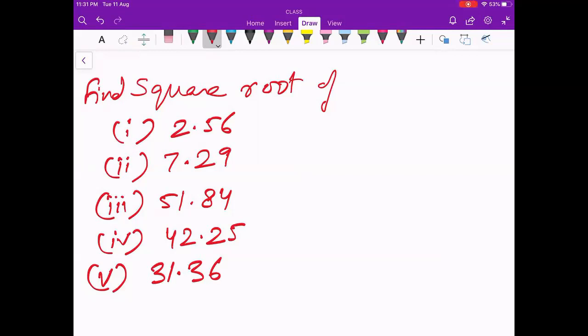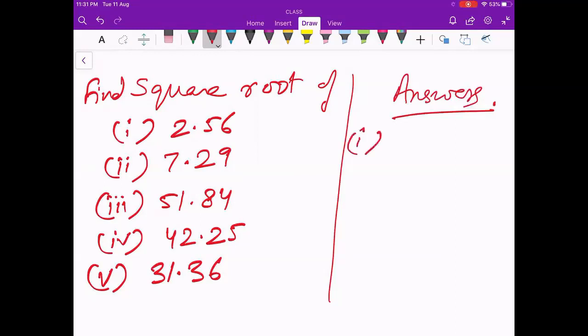And I will also give you the answer so that you can match it after practicing it. The answers are: for the first part, answer will be 1.6. Second part, answer will be 2.7.